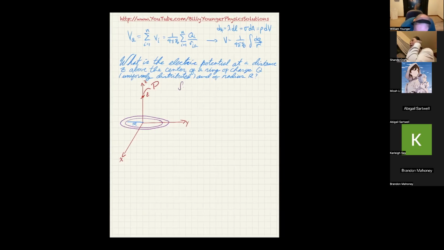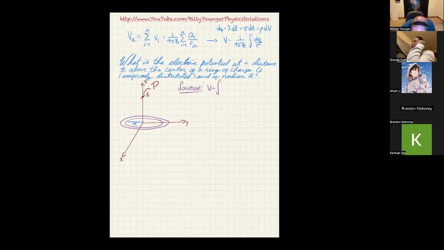So let's do the solution. V is equal to the integral of dq over 4 pi epsilon naught r. I have to integrate that. What I'm going to do is picture a little bit of charge right here. That's going to be my dq.